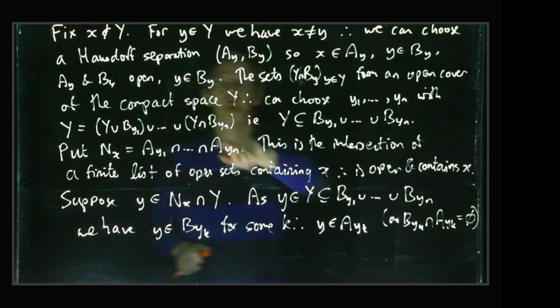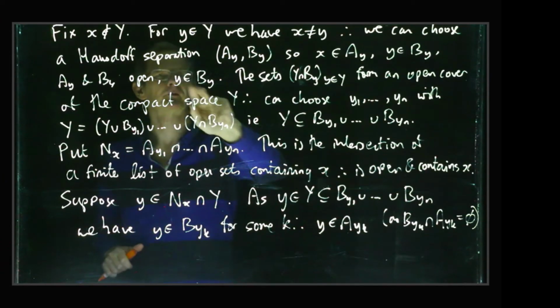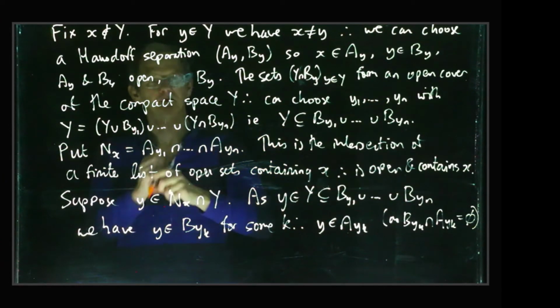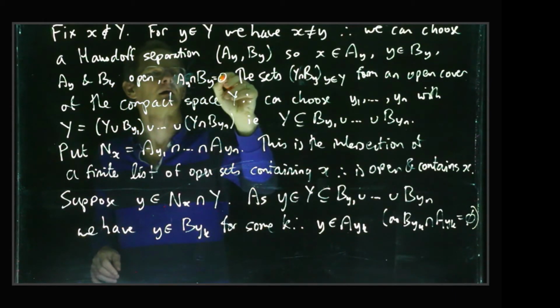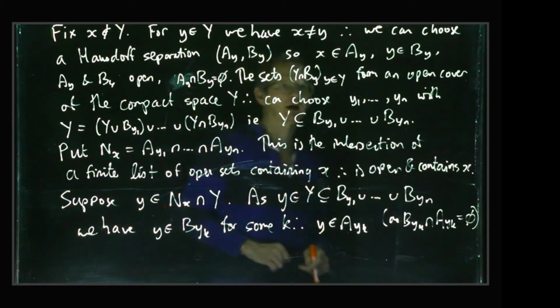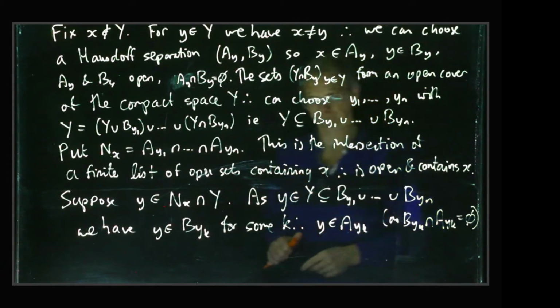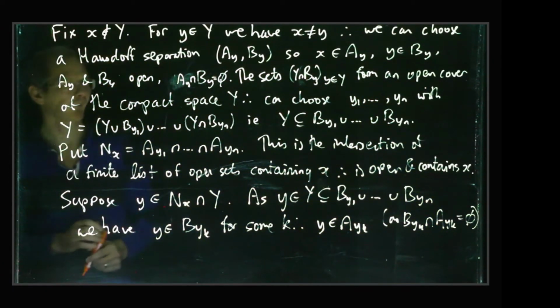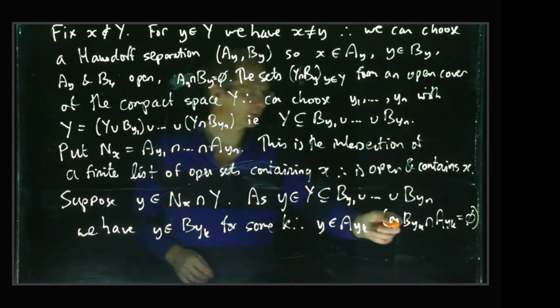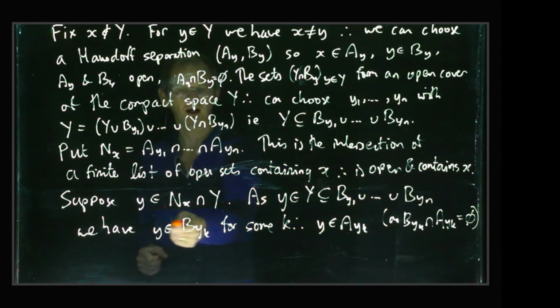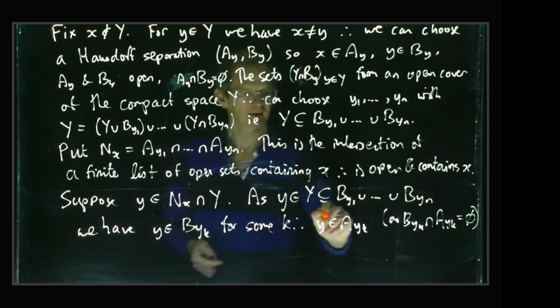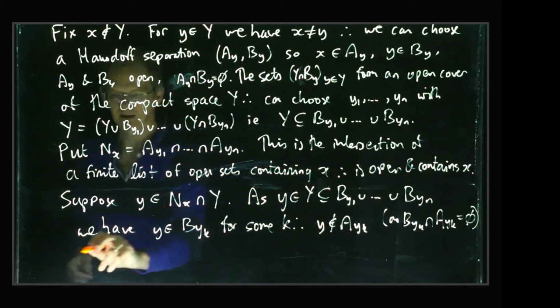Oh yeah, the second condition that I should have made explicit here is that Ay intersect By is empty. So because of that, Byk intersect Ayk is empty. And here we've got y is in Byk, so y doesn't lie in Ayk.